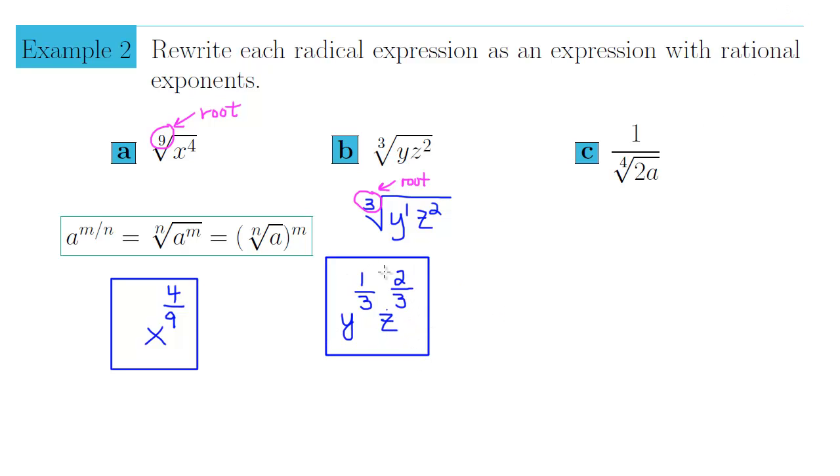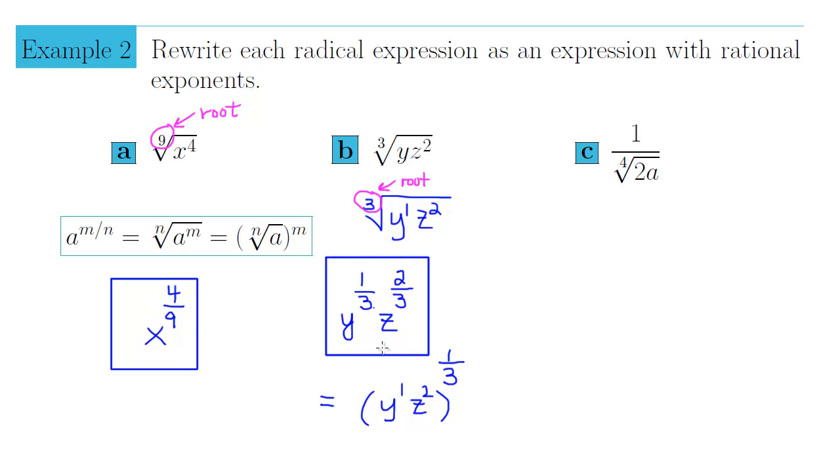Now I will comment that it's also equal to one other thing. If we think about our rules for exponents, we notice both of these have a denominator of 3. So we could also group the y and the z together into one big group that has a fractional exponent with 3 in the bottom. And on top, we would have y to the first, z to the second.